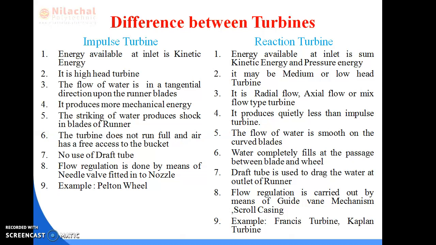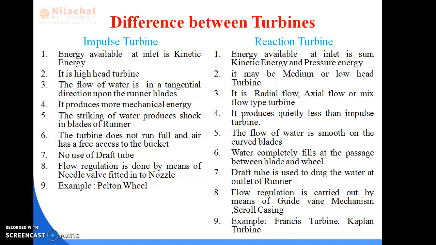In case of an impulse turbine, we use the Pelton wheel turbine. In case of a reaction turbine, we use the Francis turbine and Kaplan turbine. From both the turbine units, you can conclude that the impulse turbine is much more advantageous than the reaction turbine.